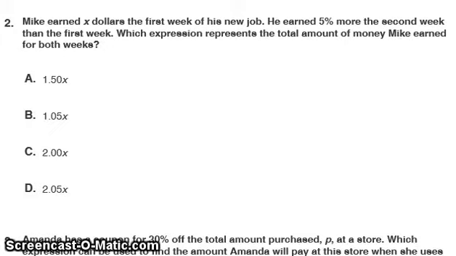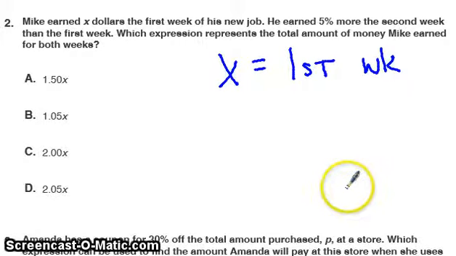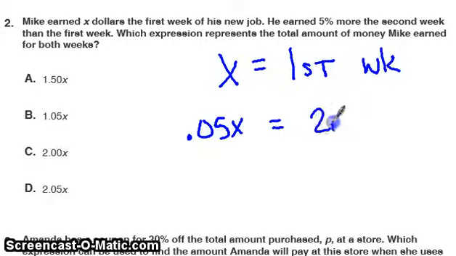Number 2 says Mike earned X dollars the first week of his new job. So X is the first week. He earned 5% more the second week. So for the second week, that'd be 0.05 times X is the second week.